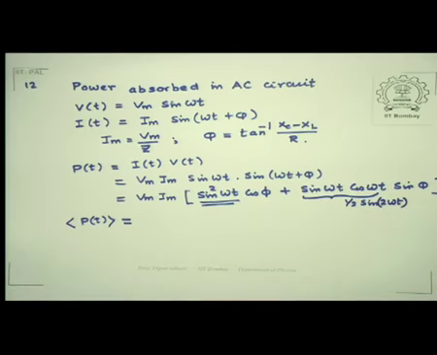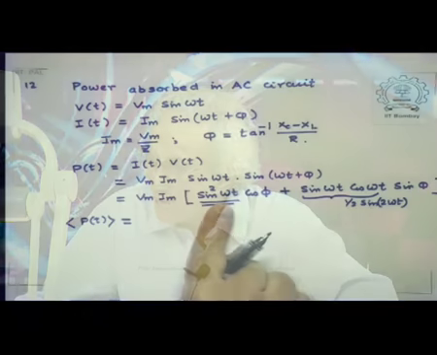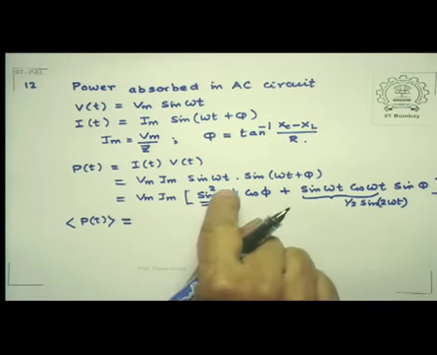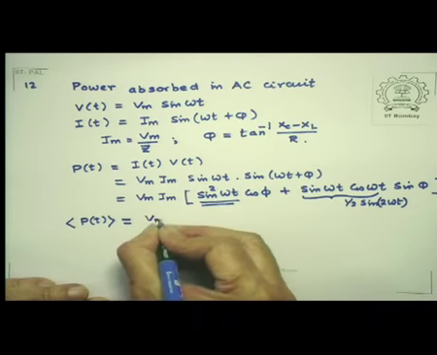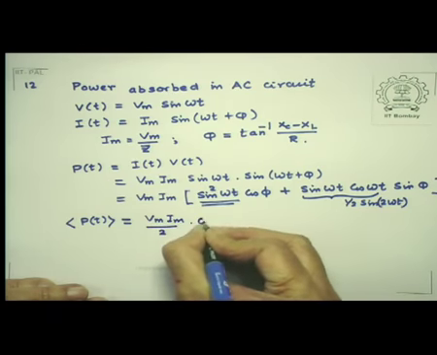We had pointed out that quantities like sine 2 omega t, 3 omega t, etc., all average to 0. So when I do the average, the only term that contributes is the first, and therefore this is Vm Im divided by 2 into cosine of phi.